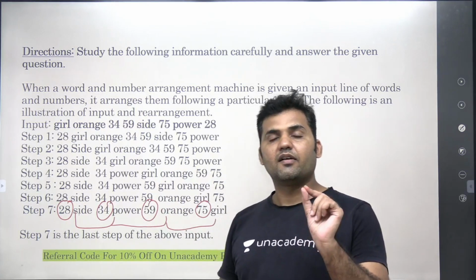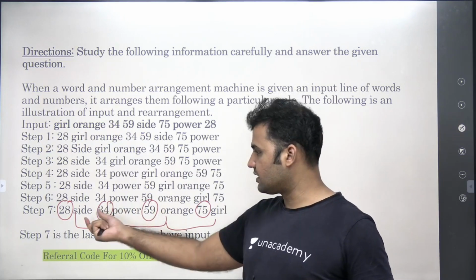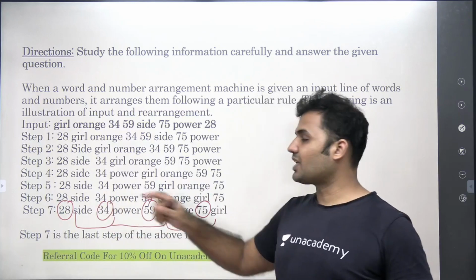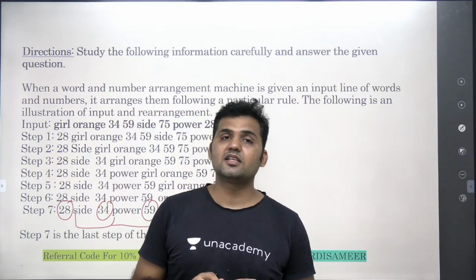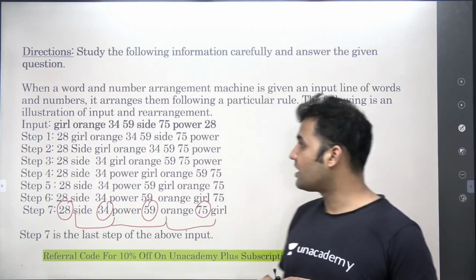What alphabet? The first letter of the word will be taken as the alphabet which you are supposed to see. Okay. Now step 7 will straight away tell me what my final output is, what my destination is, right? What is the final result that I'm looking for.